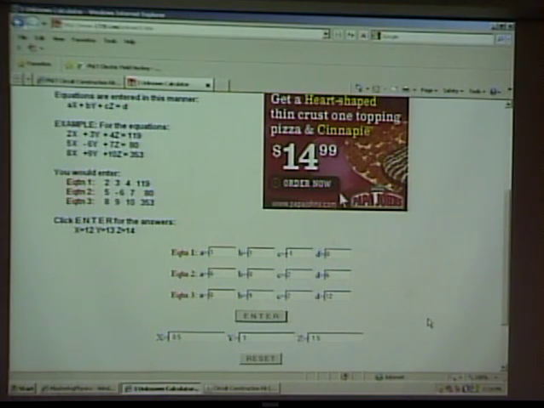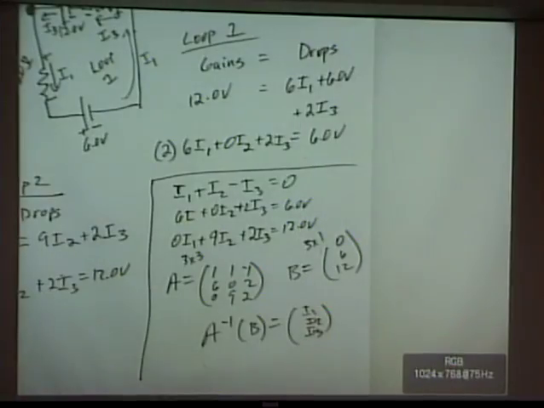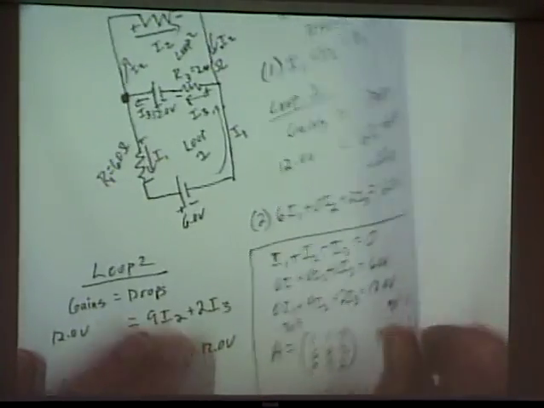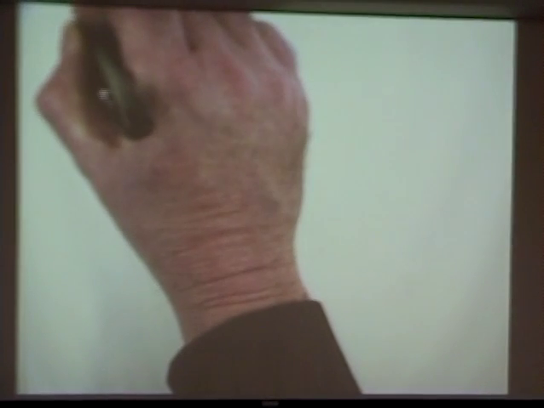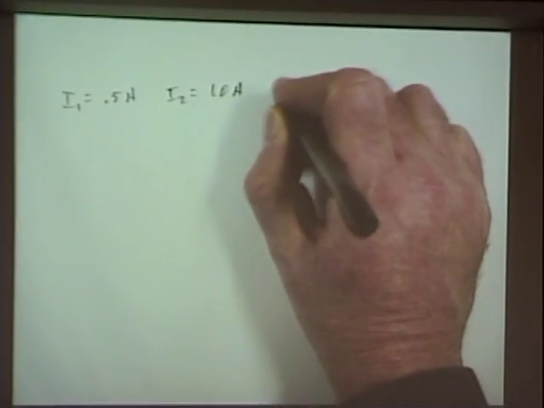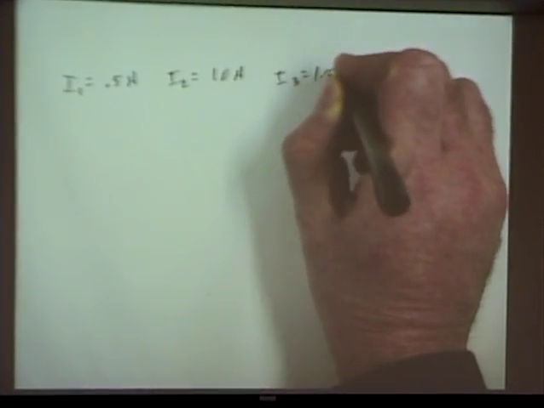But the book asked some interesting questions about it. So I know that on that ugly circuit, I've got I1 equals 0.5 amps, I2 equals 1.0 amps, and I3 is equal to 1.5 amps.